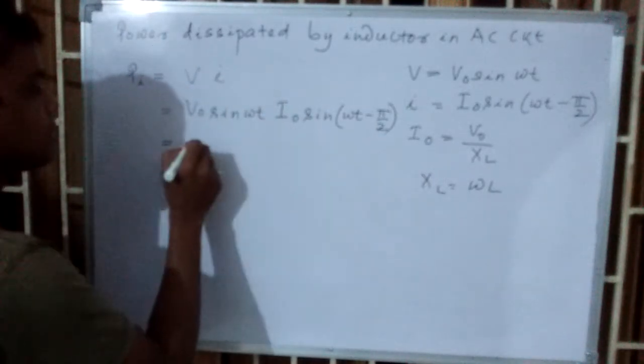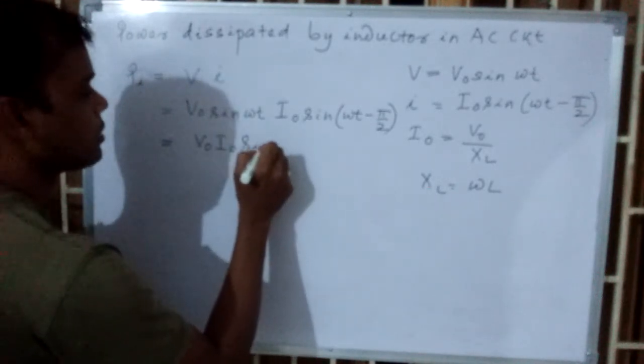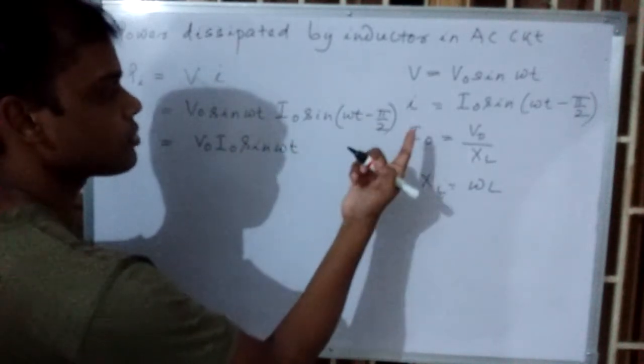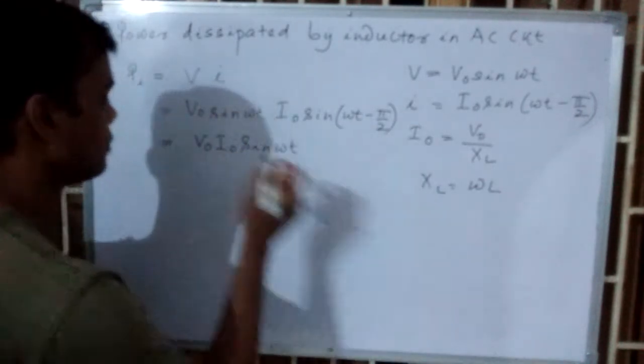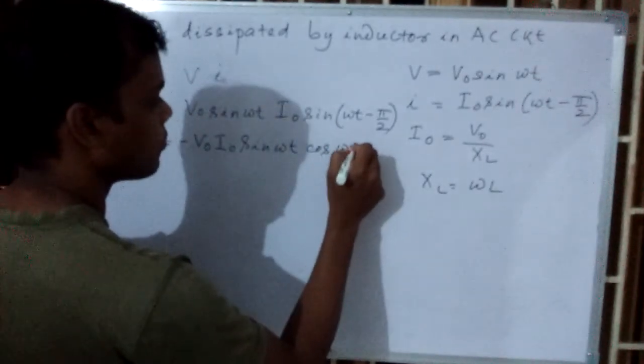This is equal to V naught I naught sin omega t into sin omega t minus pi by 2, which is nothing but minus cos omega t.